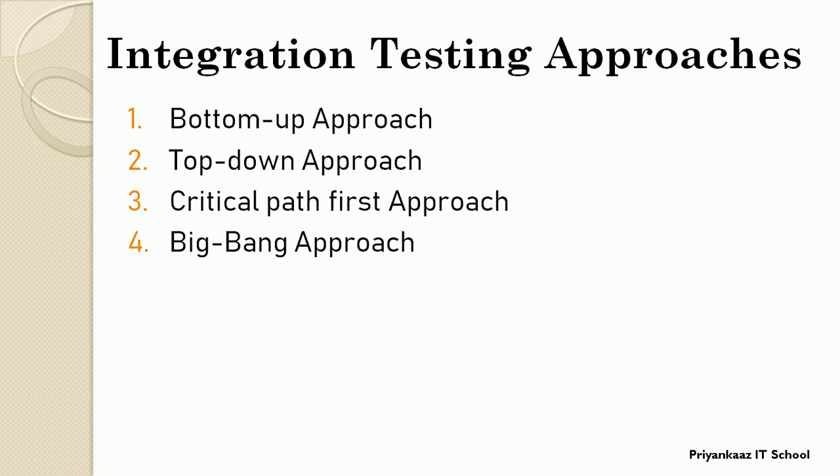So here the need for stub and driver depends on the approach and the requirement. If it is necessary, then and only then stub and driver are used as per the requirement. So what is critical path first? Here the critical or core functionality of the application is integrated together first, and then we focus on the rest of the features or modules of the software application, right?